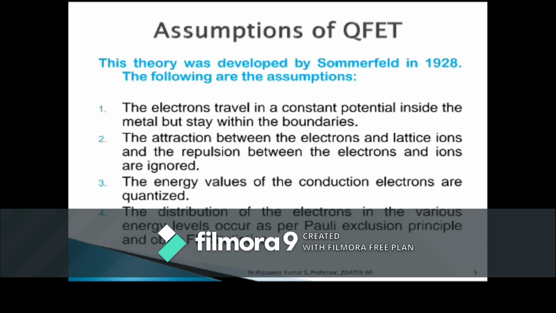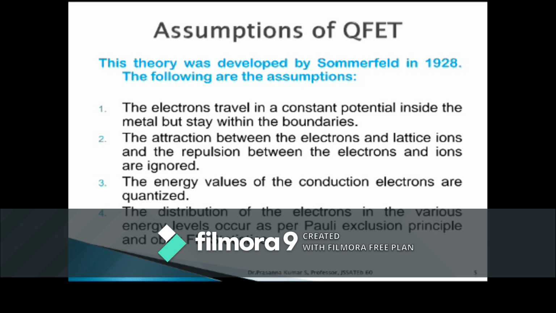The electrons travel in a constant potential inside the metal, but stay within the boundaries. This is again similar to classical free electron theory. The second assumption: the mutual repulsion between the electrons and the attraction between the lattice and the electrons are ignored. They are very small. This is the same assumption as in the classical free electron theory.